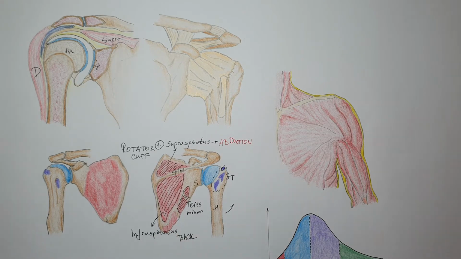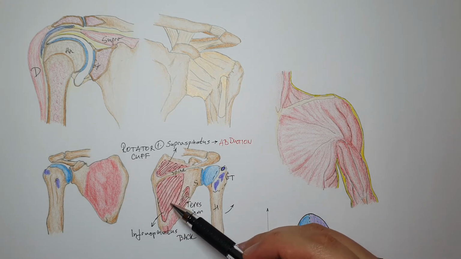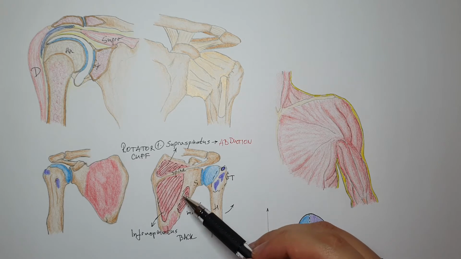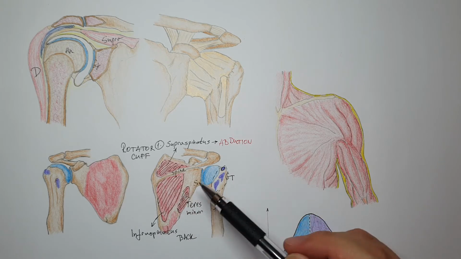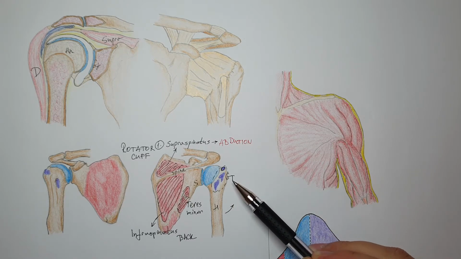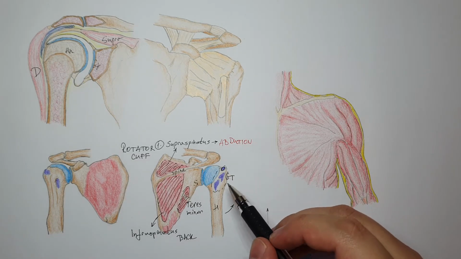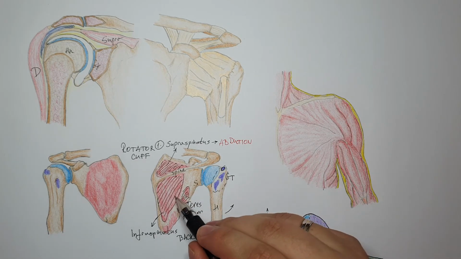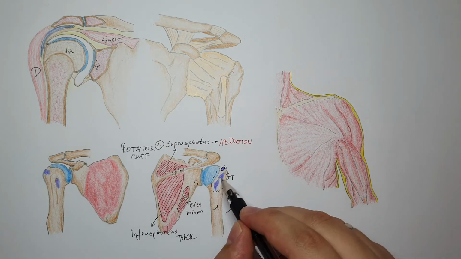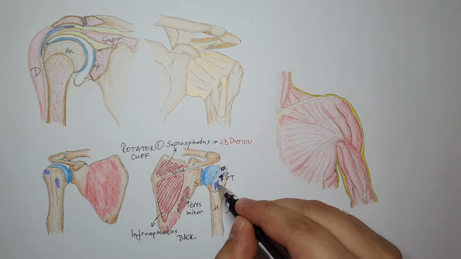These two muscles have their muscle bodies and origin in the infraspinous fossa, and their tendons also attach at the greater tubercle of the humeral head, but they attach in the middle. The infraspinatus attaches in the middle part and the teres minor in the lower part.